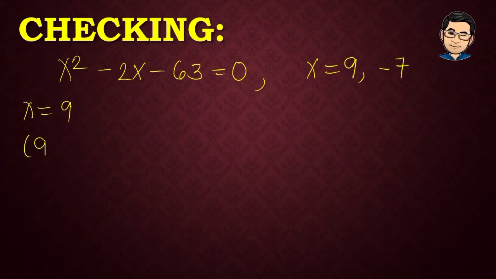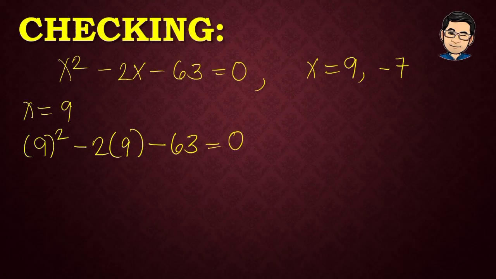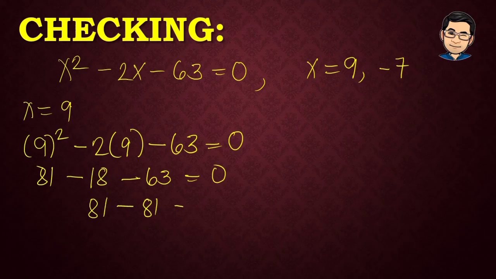So 9 squared minus 2 times 9 minus 63 equals 0. 9 squared is 81. Negative 2 times 9, negative 18. Minus 63 equals 0. And then, pagsasamahin natin ang negative 18 and negative 63, that is negative 81. 81 minus 81, that is 0 equals 0.